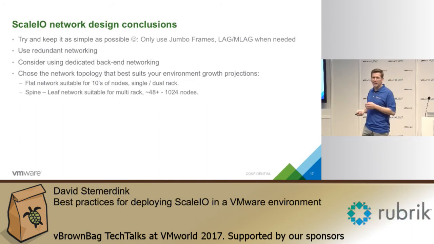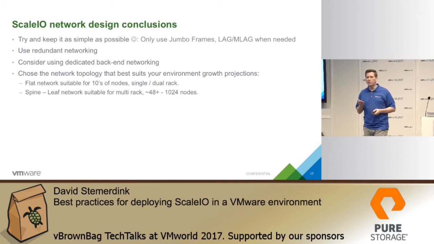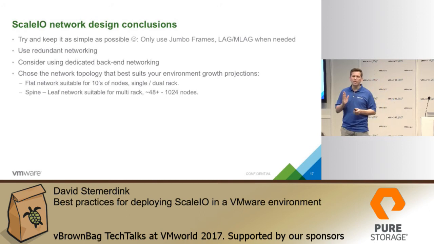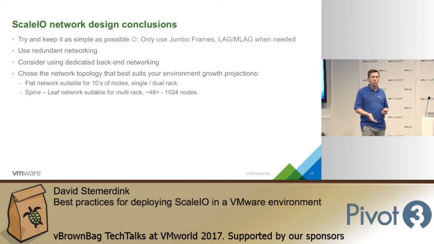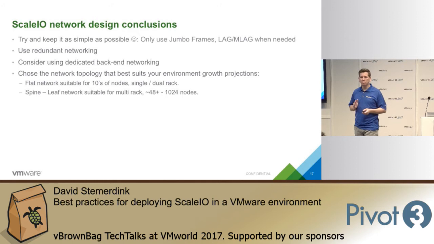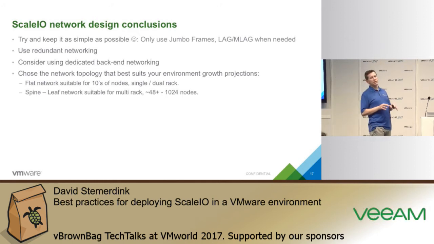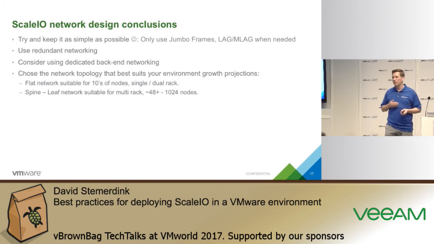Where lags and MLAGs are nice to provide a very simple IP plan, they also have one other downside, which is that you're actually stuck with one logical interface into a node, right? So your network stack might be redundant, but you're using a single IP route to that particular system. So if there's a routing issue or somebody types in a wrong IP address, you could get into some issues there.